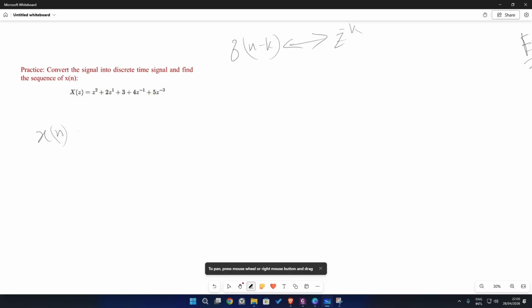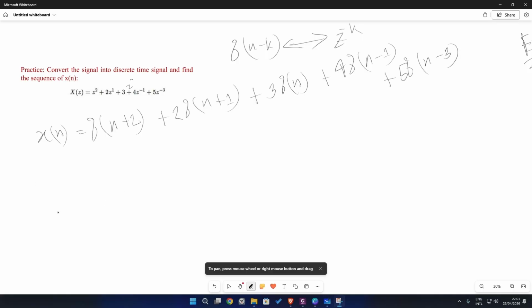So x[n] will be here, the z squared term, minus k equal to 2, so it will be delta[n plus 2], then 2 delta[n plus 1], then 3, so here 3z to the power 0, it will be simply delta[n], 4 delta[n minus 1], 5 delta[n minus 3].